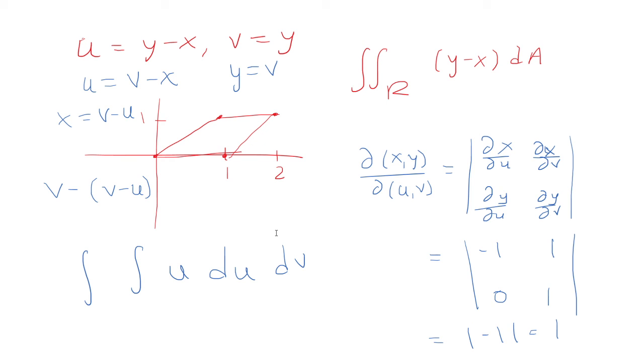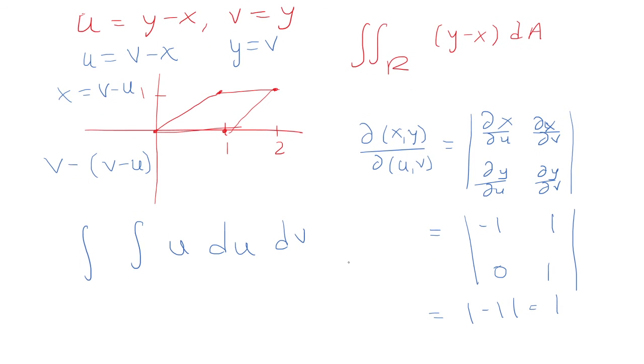Okay. Now, the next step is to figure out the order of integration, or the limits. And here, let's make a table. So we want to convert these points. So we have x, y, u is y minus x, and then v is just y.